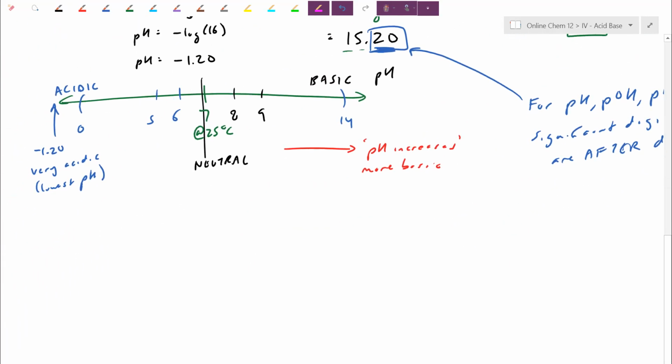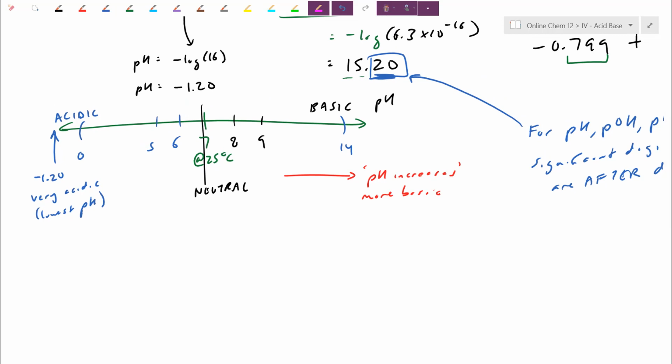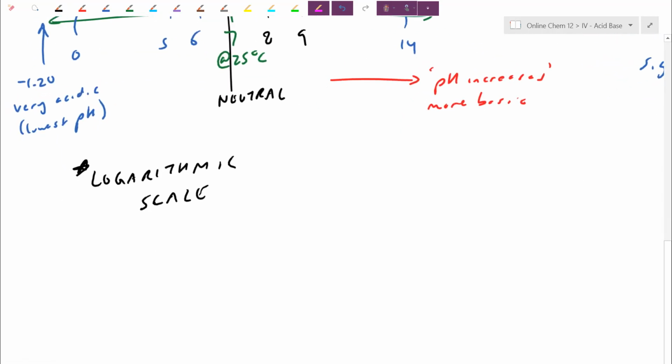Now we do see that both of these scales, pH and pOH, refer to this log. That tells us that both of our rulers are actually on a logarithmic scale. Probably the only example you've seen of a logarithmic scale so far is the Richter scale, the earthquake magnitude scale. We go from 0 up to 10, and it can even go beyond that if it's a really, really bad earthquake.